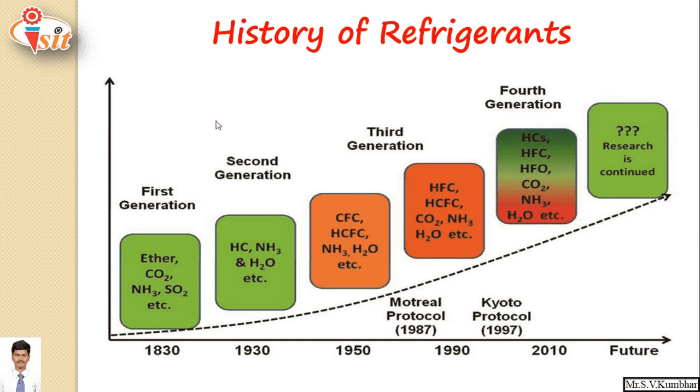But after the Montreal Protocol in 1987, some refrigerants became outdated. After this, in the fourth generation, after the Kyoto Protocol in 1997, some refrigerants were banned, and nowadays, after 2010, we are using only hydrocarbons, hydrofluorocarbons, carbon dioxide, ammonia and water as refrigerants. Research is still going on to find effective refrigerants for refrigeration and air conditioning systems.